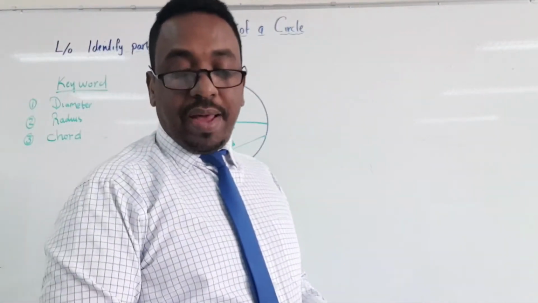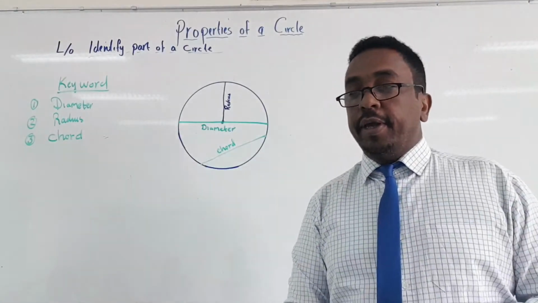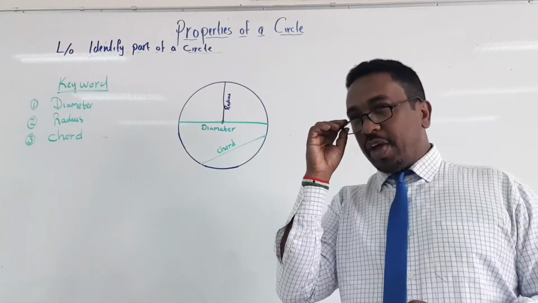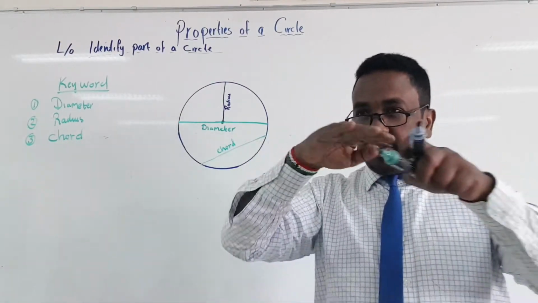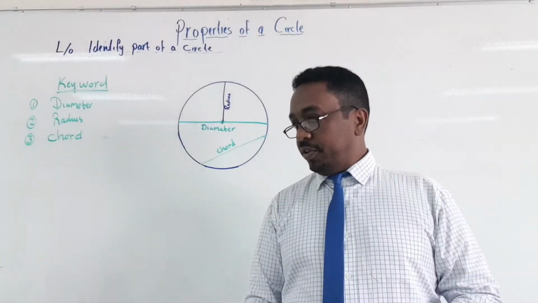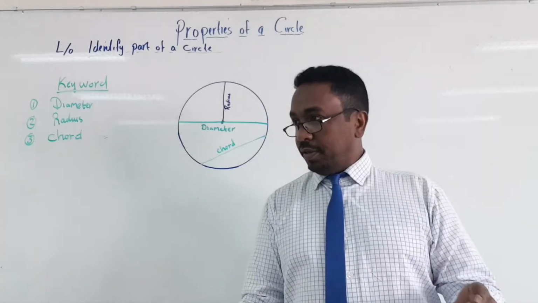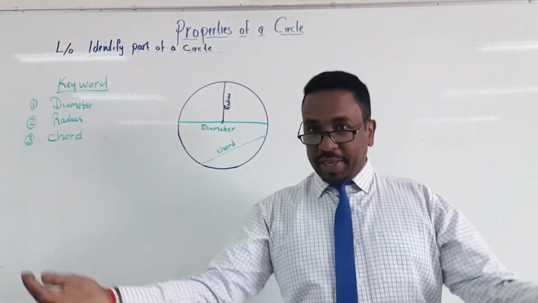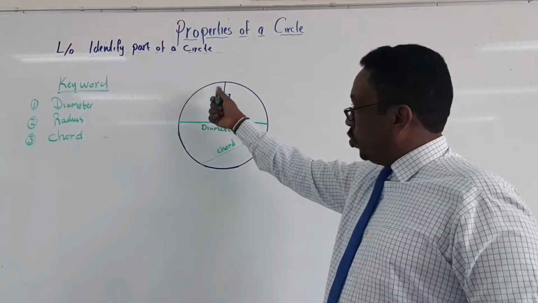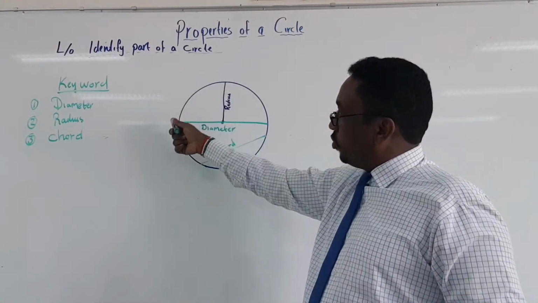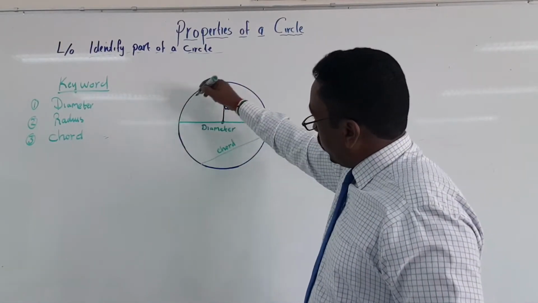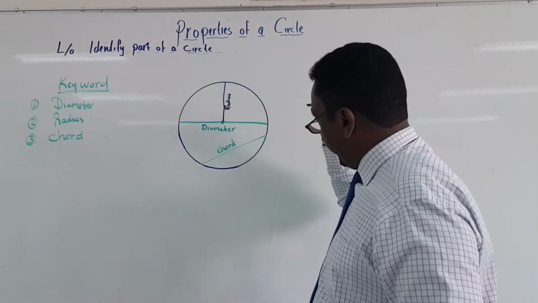All right. So one other thing that we're going to learn is something called the arc. What is the arc? An arc is like a curve. Or remember Noah's ark. It's like a boat. Something curved like this. So this arc could be between two radii, or it could be the edge of the circle. So it could touch the circle, or it could be part of the circle itself.